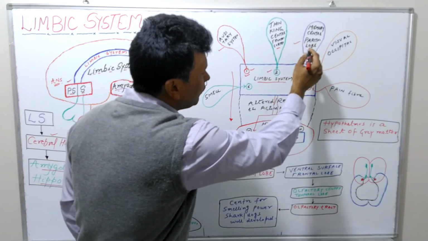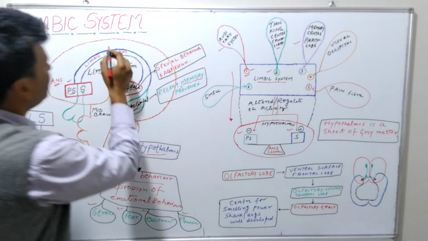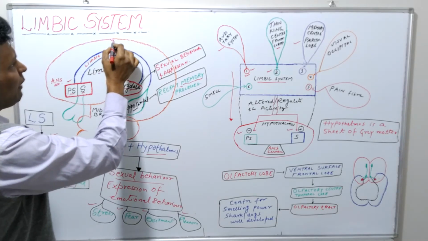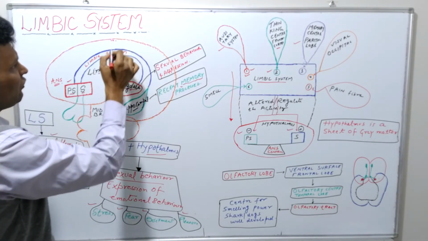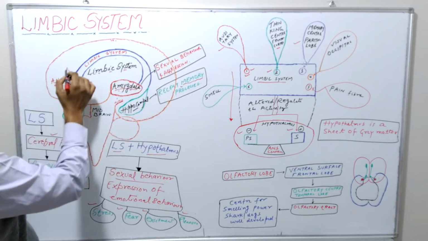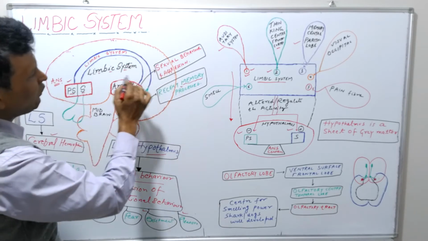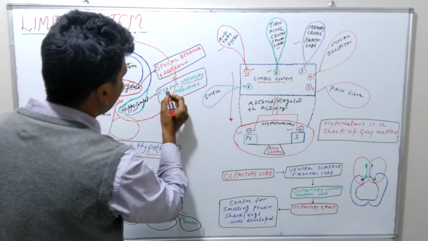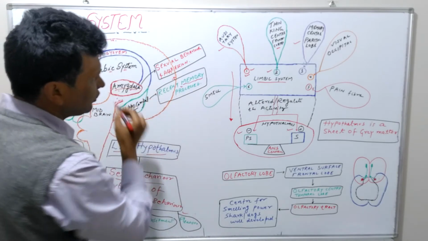The memory center, that is the parietal lobe, is concerned with memory, so from this memory center it will be activated and come to the limbic system. The visual center is here, the occipital lobe, and it will also come to the limbic system.